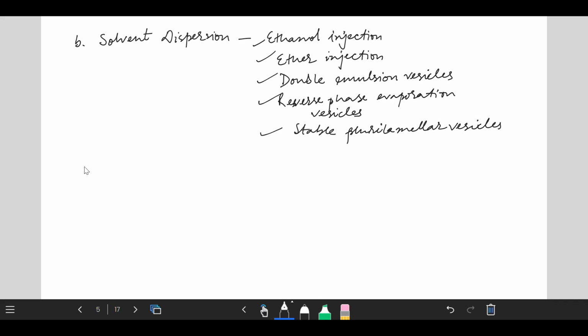Another and last passive loading technique is detergent removal technique. For this purpose, which type of methods are used?